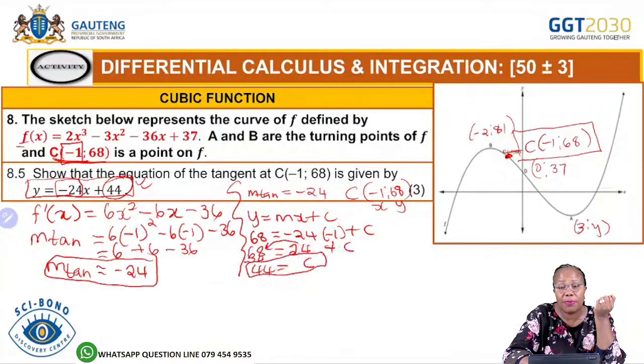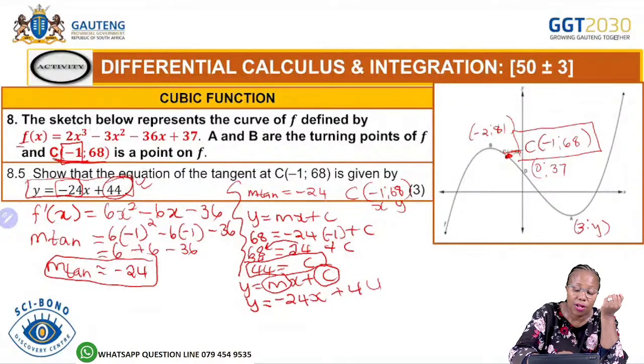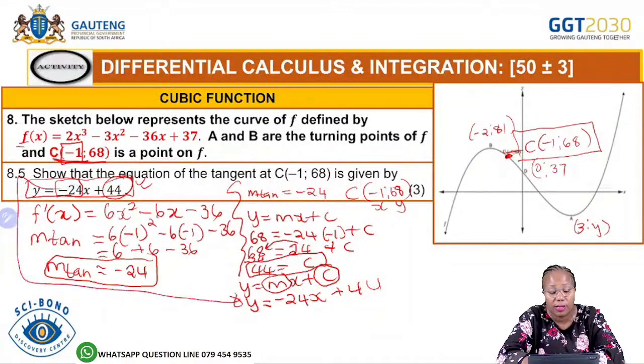Yes, we are 100% correct. We now go to the original mx plus c, and we substitute m and c and leave y and x: y equals gradient minus 24, we leave x, and then we substitute c, which is 44. Can you see, grade 12? That is exactly the formula that was expected of us.